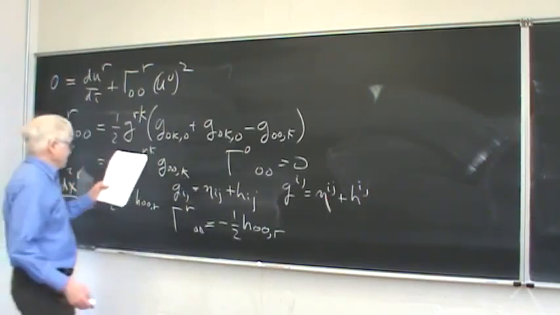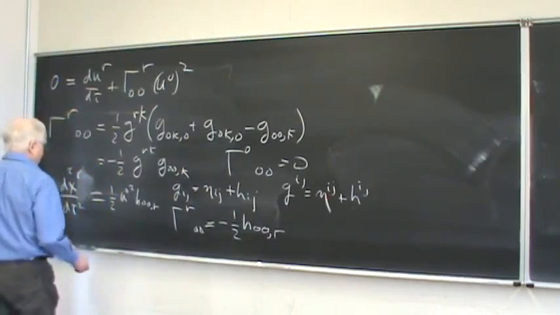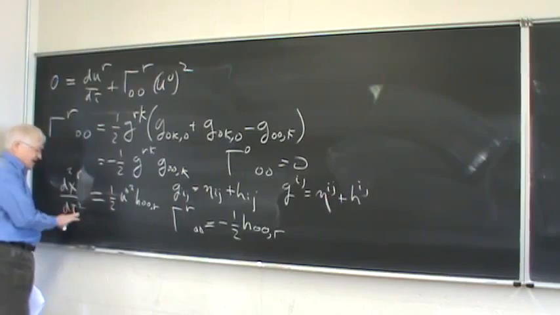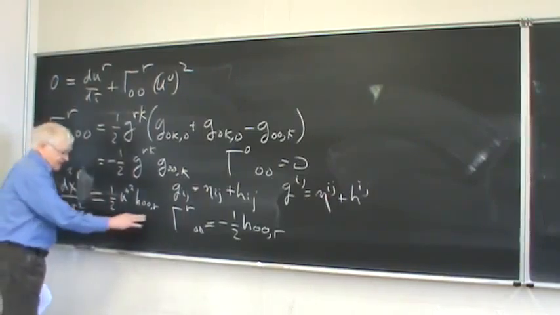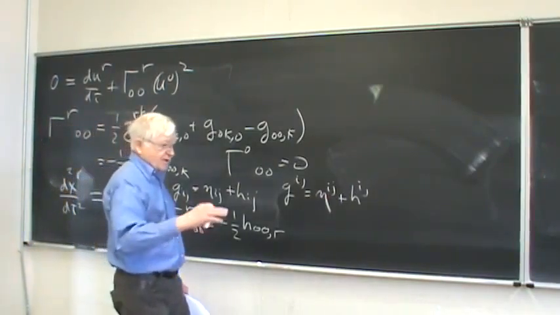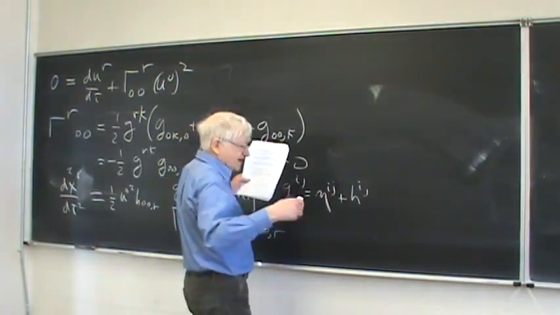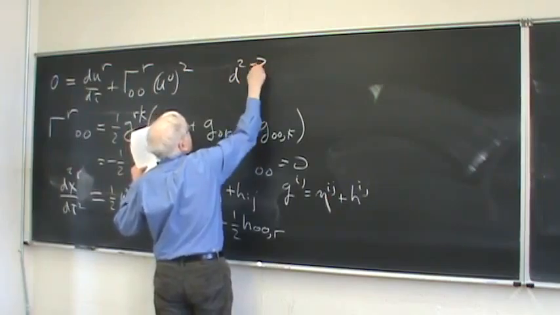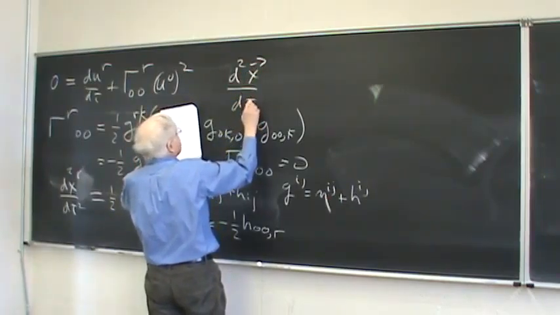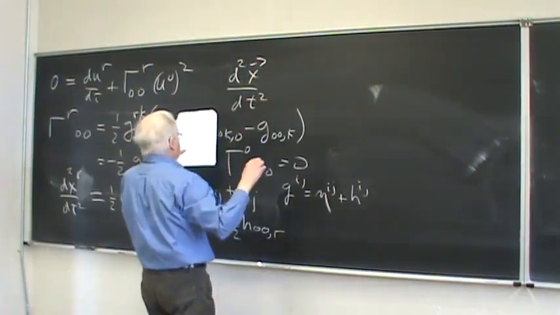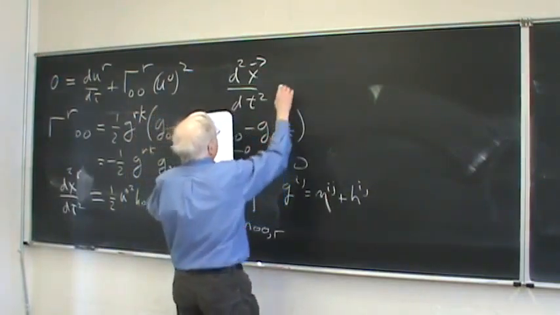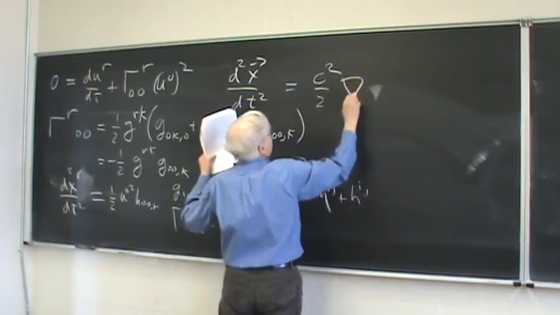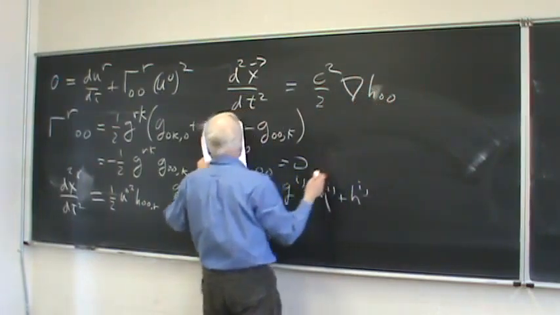And in fact we're really talking about the space derivatives here because the time derivative is just going to be 0, because h00,0 is 0 since everything's static. And so what we have then is d2 x vector/dt squared, we're basically setting t equal to tau, is equal to c squared over 2 grad h00.